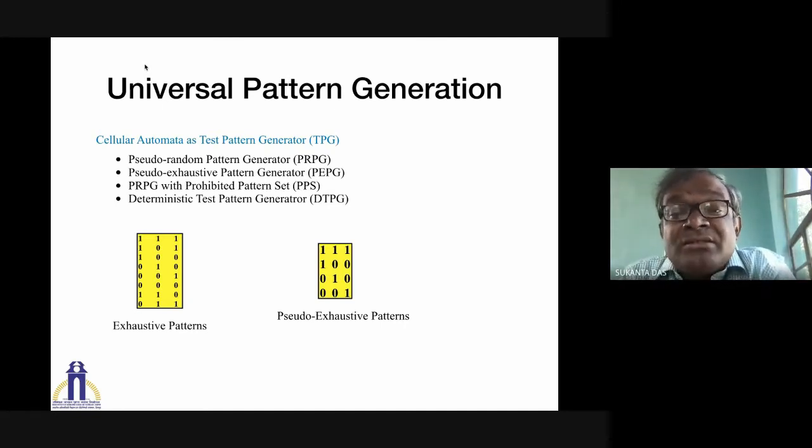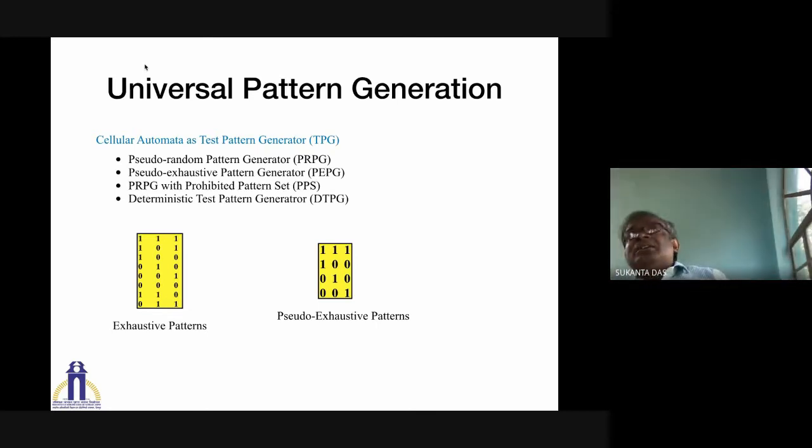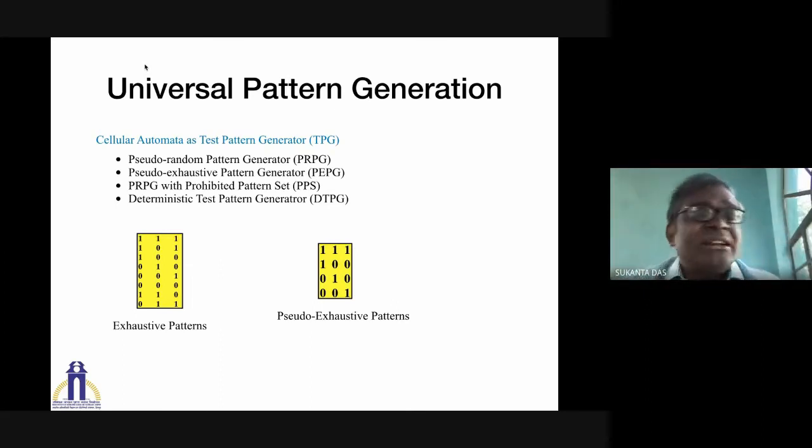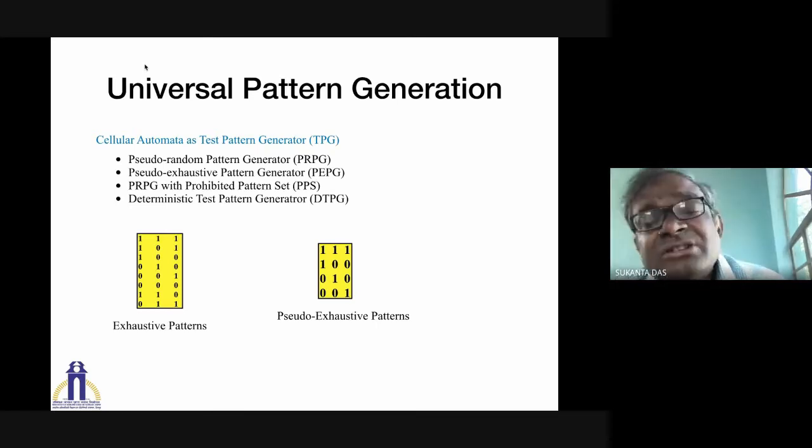These kind of patterns sometimes we need. So in a circuit, say if we think that, say, an n-bit circuit, and say i, j bits, or say i, j, k, l, etc. These 4 bits have to be tested exhaustively. Some circuitry is very important and has to be tested exhaustively, but not the whole circuit.